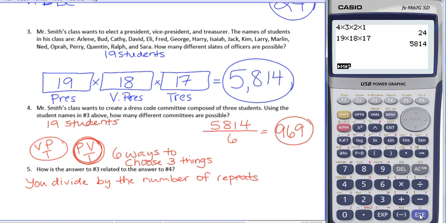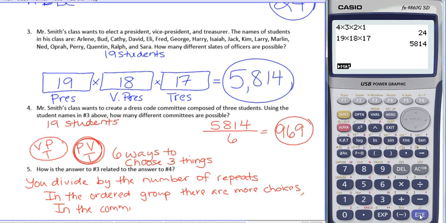And we notice in the ordered group, that was the slate, there are more choices. In the committee group, there are fewer.